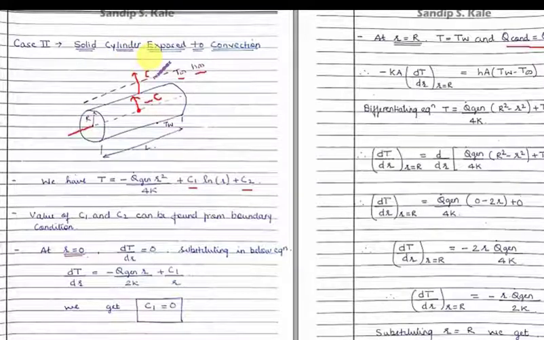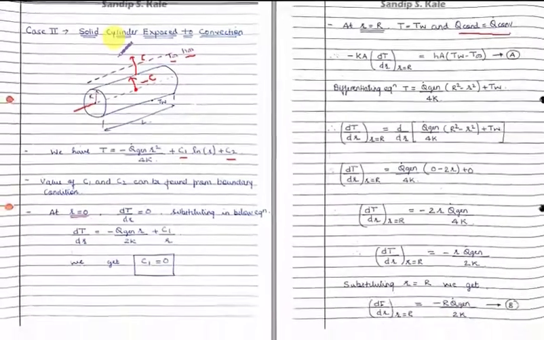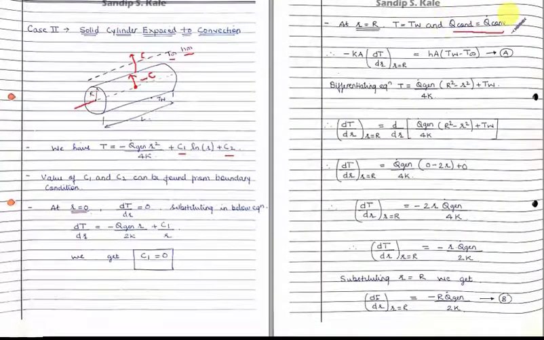So we can write the energy balance equation: whatever heat is conducted, that much amount of heat only will go into the surroundings via convection. So this is the surface energy balance equation, that is Q conduction equals Q convection.